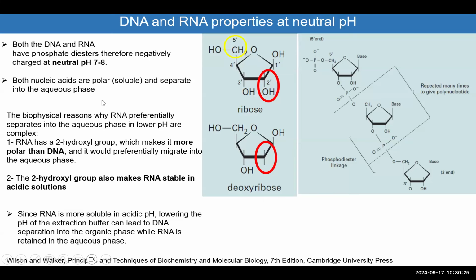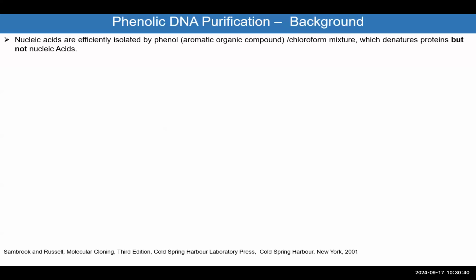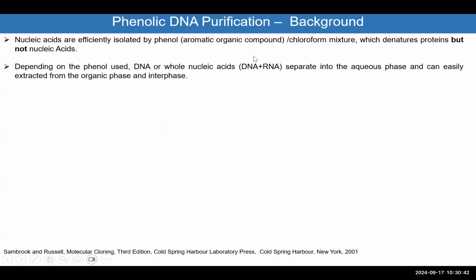So in the conditions where I want to isolate all the nucleic acid, it's important that I maintain the phenol at a pH of 7 to 8, a neutral pH. Now I will have RNA and DNA together, and both will be separated to the aqueous phase, where the organic phase contains the proteins and other components of the cell.